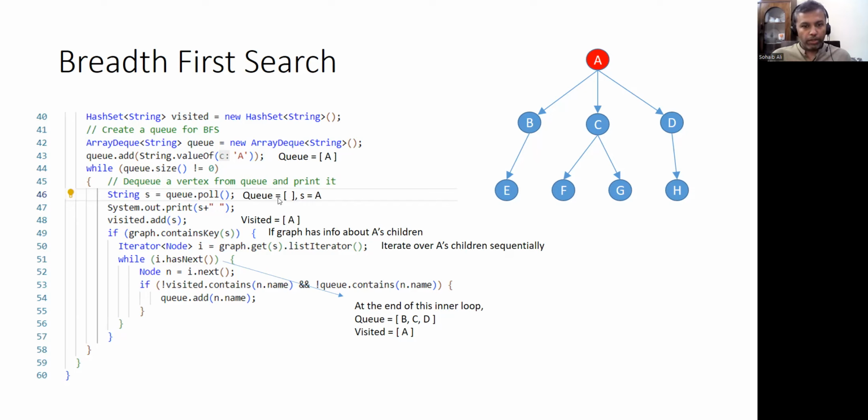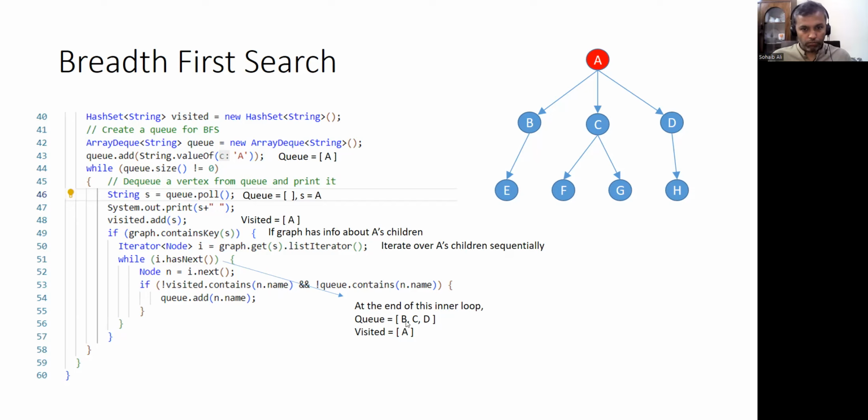Obviously my queue doesn't contain anything, so I'm going to add B during the first iteration, and then in the next iteration I'm going to add C within this while loop, and in the third iteration of this while loop in line 51, I'm going to add D in my queue.